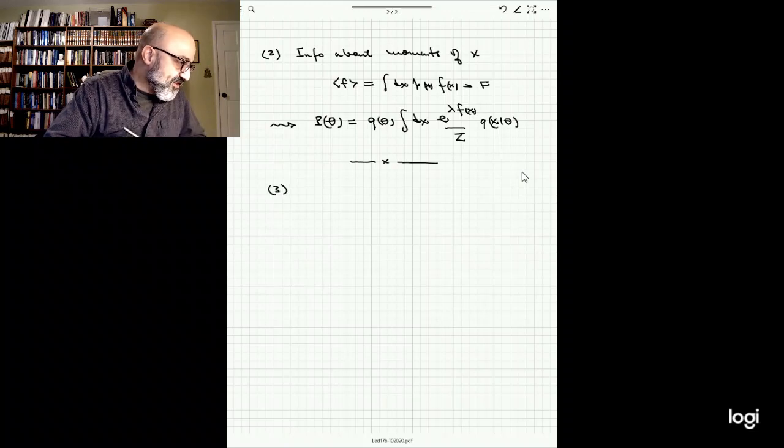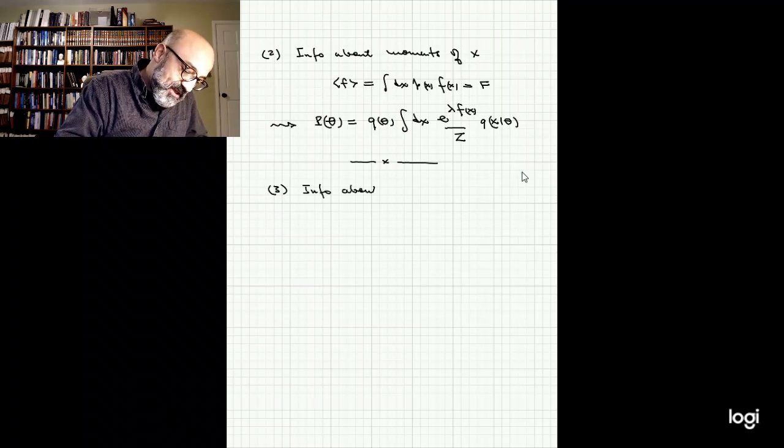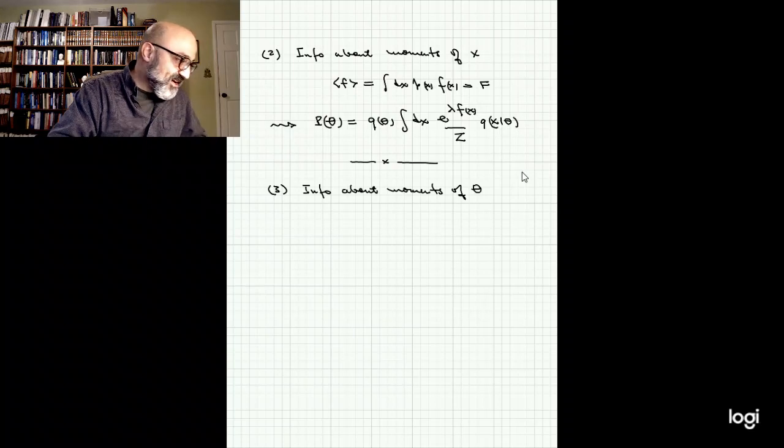Third, here is another in which you have information about moments. So you have data and you have moments of theta as well.